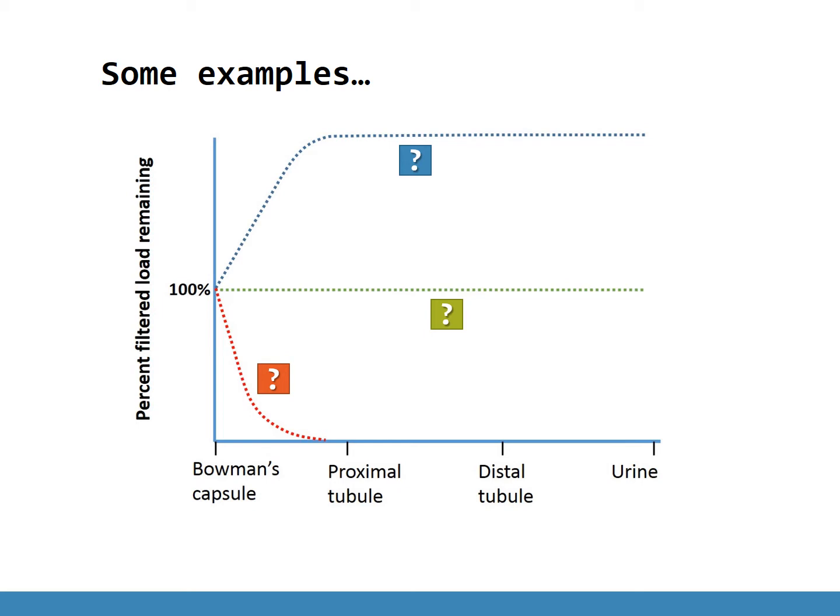Looking at the third one, which is shown in red color, this substance is filtered and then quickly reabsorbed in the proximal tubule, so nothing appears in the urine. Now an example of this substance would be glucose, and also to some extent those amino acids which are filtered will be quickly reabsorbed. All right.